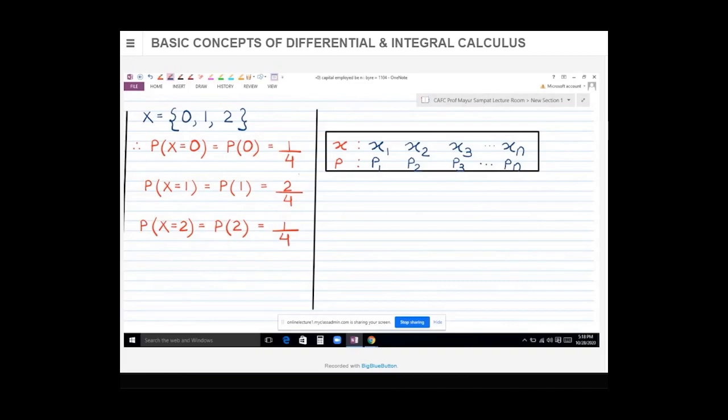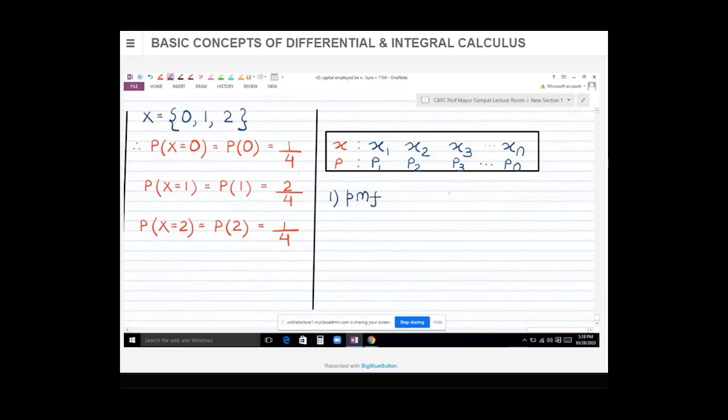One is called PMF, the probability mass function, and the other is called PDF, the probability density function.